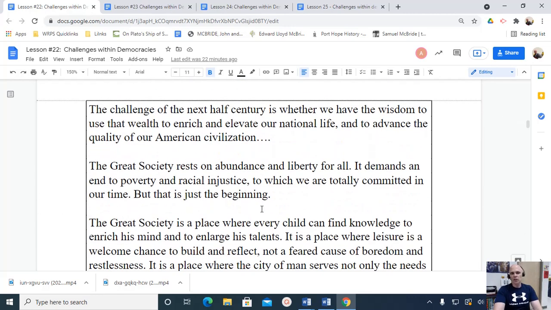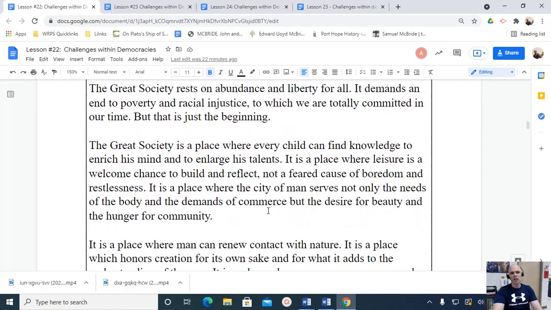And that's what this source is saying, that America has unlocked so much economic power. Now the next challenge is to unlock our social potential. That racial injustice is the next obstacle. Well, we need to eliminate poverty. That's an economic concern. But we also need to eliminate racial injustice.